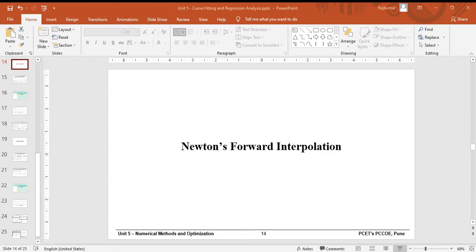Then after preparing the first and second columns, we will find the del operator, that is del y naught, del square y naught, del cube y naught, and del raised to 4 y naught. So we'll start with del y naught. You need to take the difference between two successive values. So 13.03 minus 10.63, you will get del y naught.